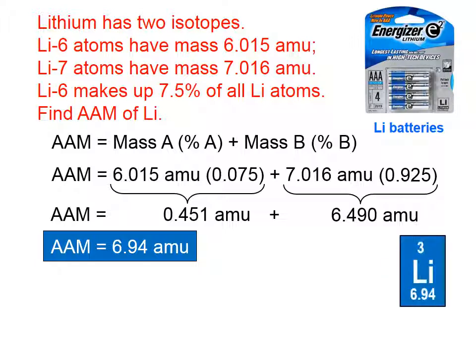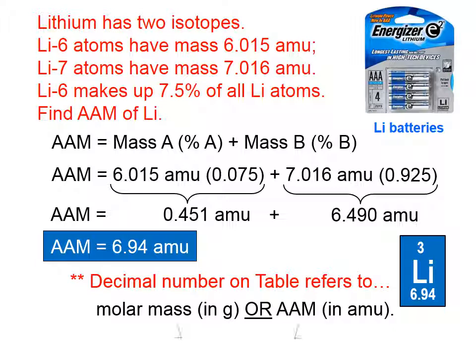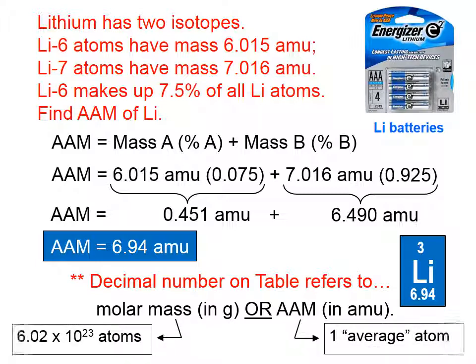However, that number is still very useful, and notice that it is on the periodic table. That number, 6.94, for lithium on the periodic table refers to 2 things. It refers to the molar mass in grams if you're talking 6.02 times 10 to the 23rd atoms, but that number is also the average atomic mass if you're talking one average or one typical atom of lithium.